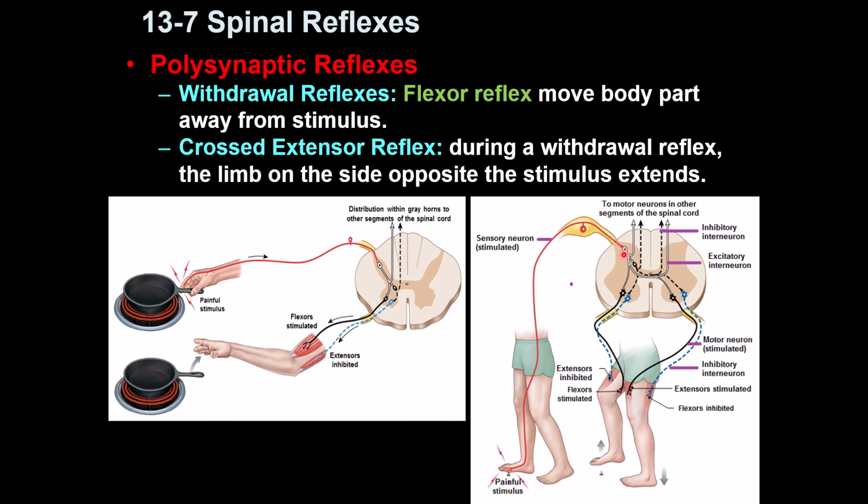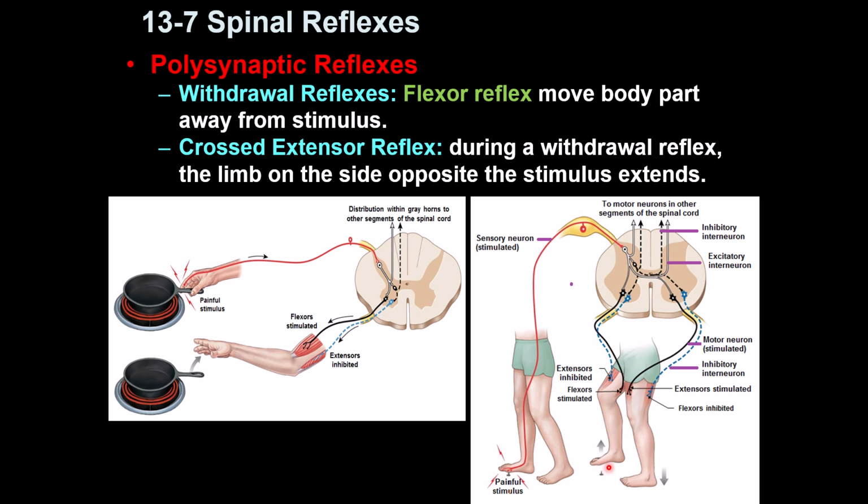The posterior horn is processing that, and this is an interneuron that goes here in the anterior horn of the spinal cord, and now the flexor muscles are stimulated. So the hamstring muscles cause flexion of the knee and inhibition of the quadriceps muscle. So that's why your knee is flexed here, and you are removing your foot from the painful stimulus.